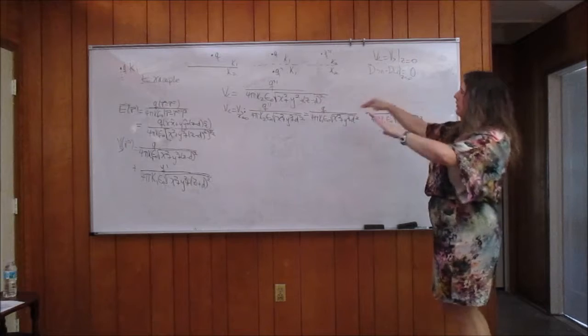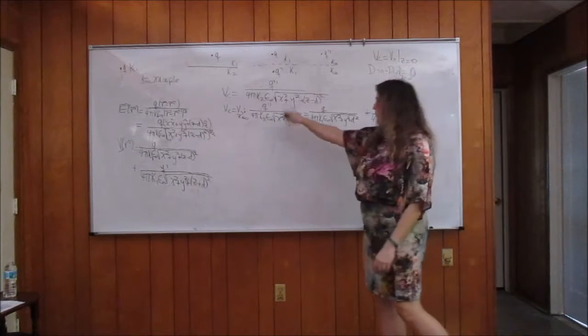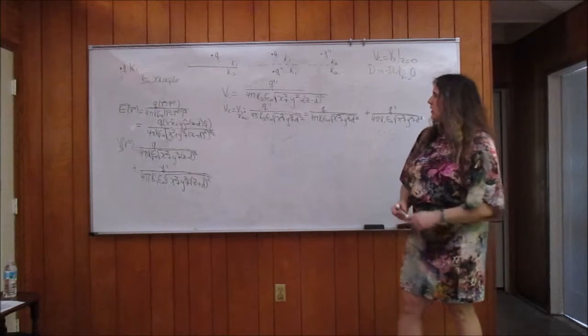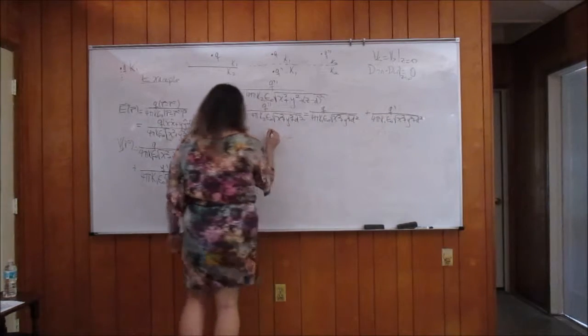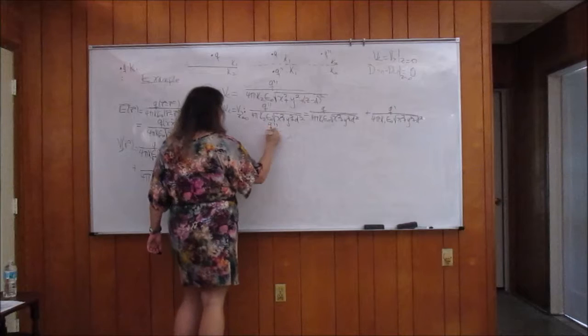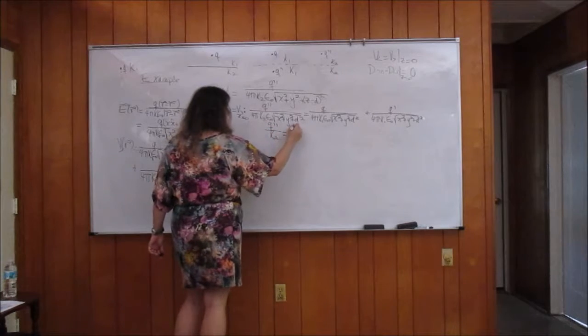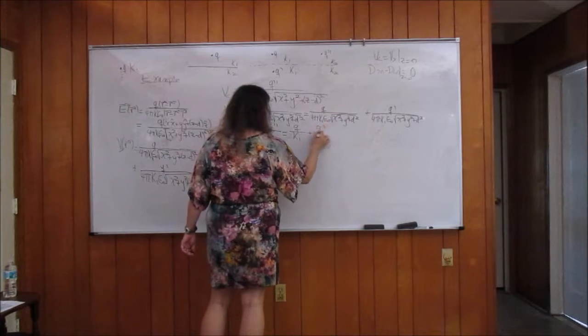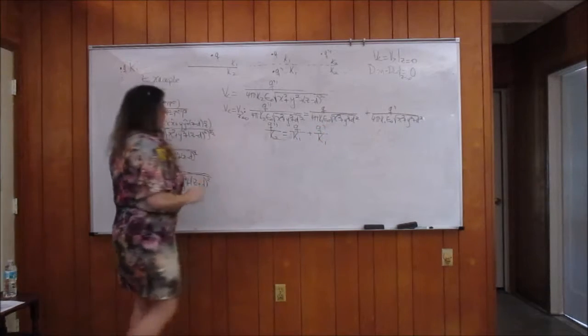So all of these three terms have in common this square root of x squared plus y squared plus d squared, 4 pi epsilon naught as well, and I'll be left with a nice simple little equation. Q double prime over k2 is equal to Q over k1 plus Q prime over k1. It's my first boundary condition.